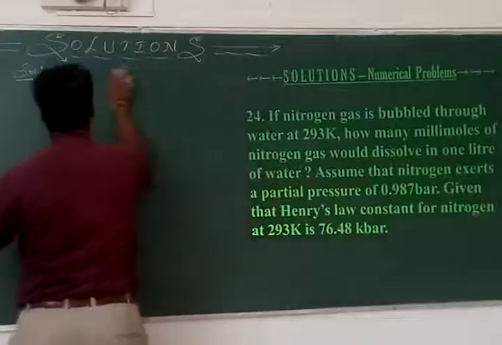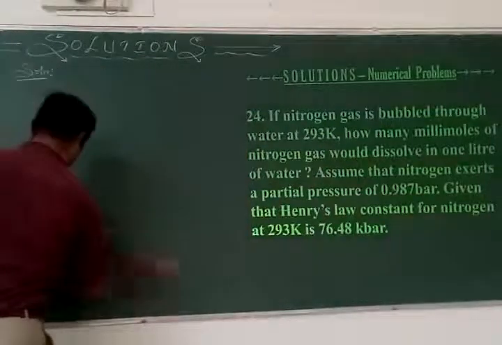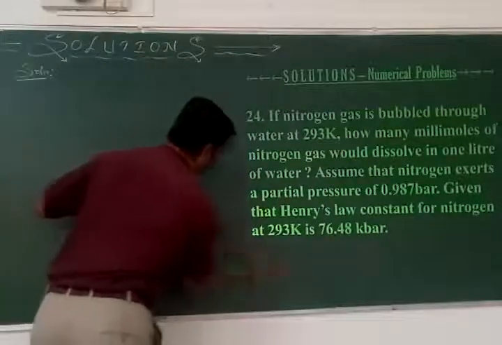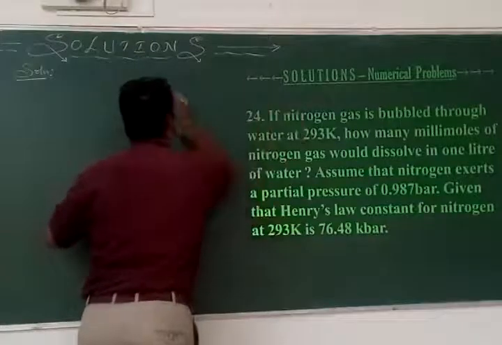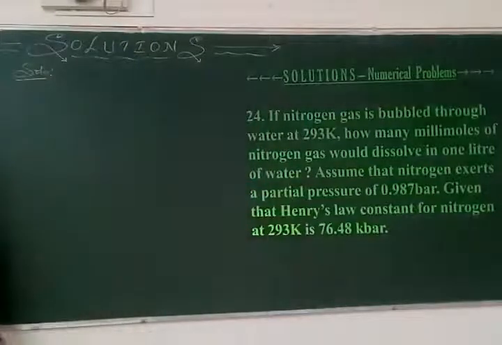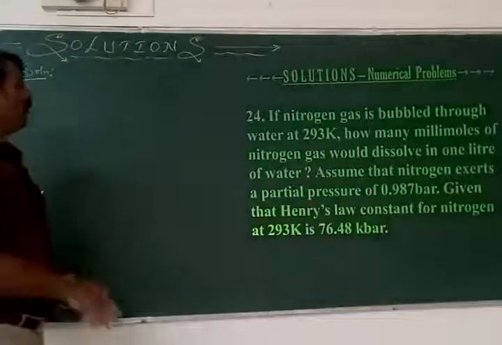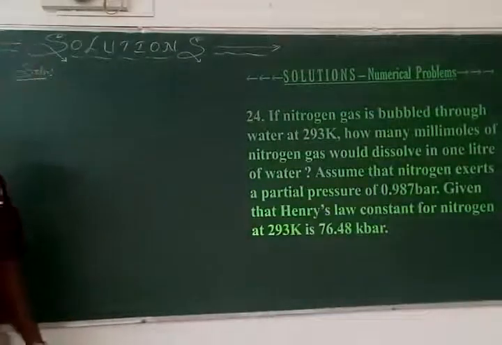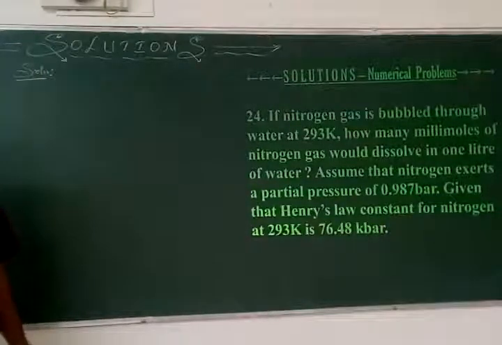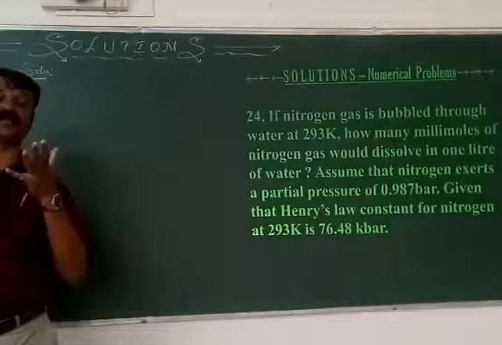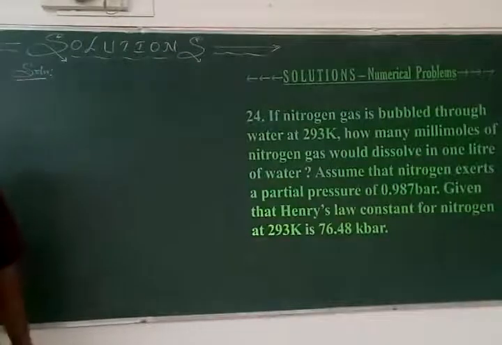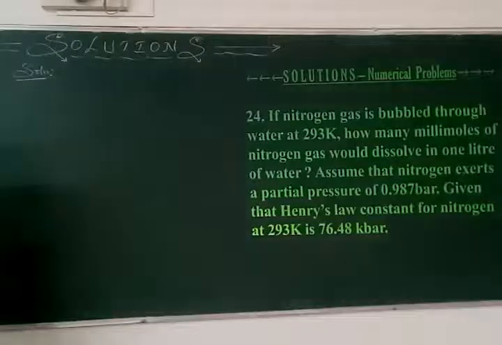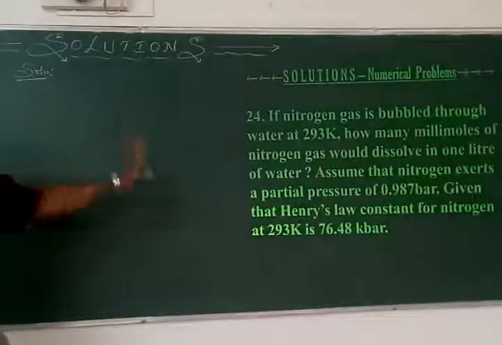Again, it is indirectly the same application of Henry's law. If nitrogen gas is bubbled through water: gas is nitrogen and liquid is water. The solute is nitrogen and the solvent is water.